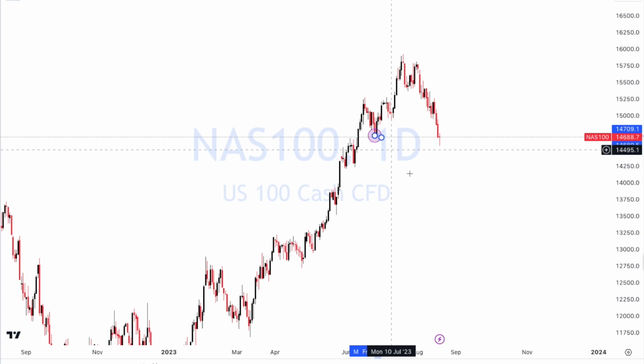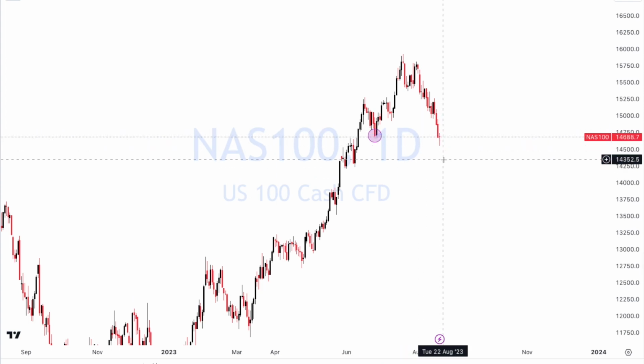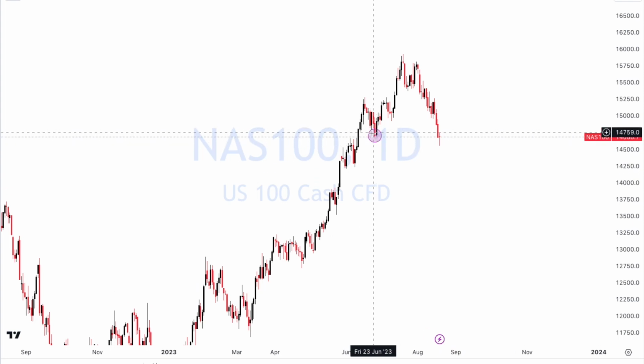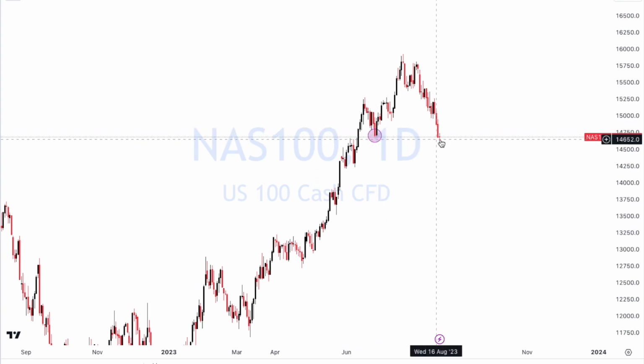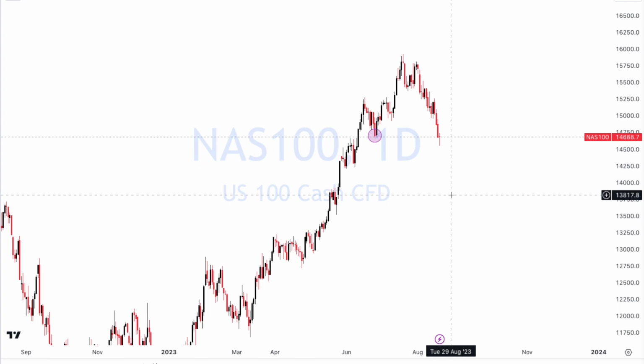This low hasn't been fully taken out because all we have is a wick right now. So we need to see what actually happens next week if we get a stronger move to the downside that fully takes us out. If this fully takes us out with a full body candle pushing to the downside, then it's fair to assume that all of our moves should be downward facing.